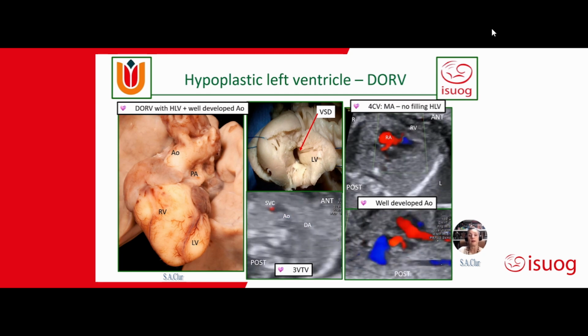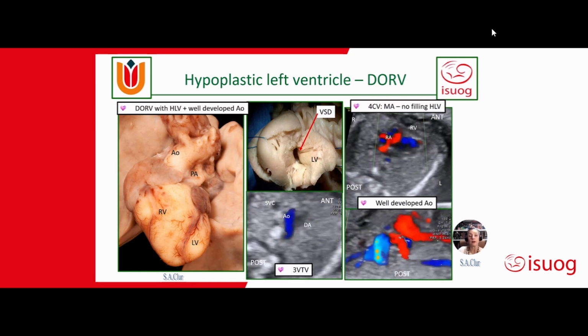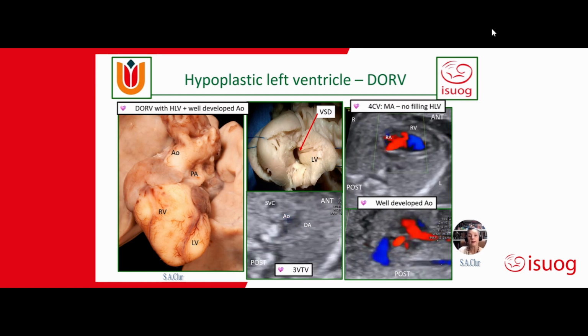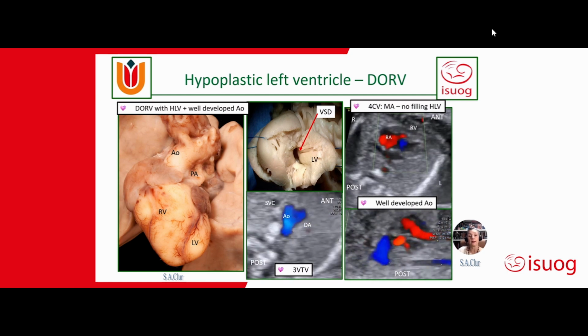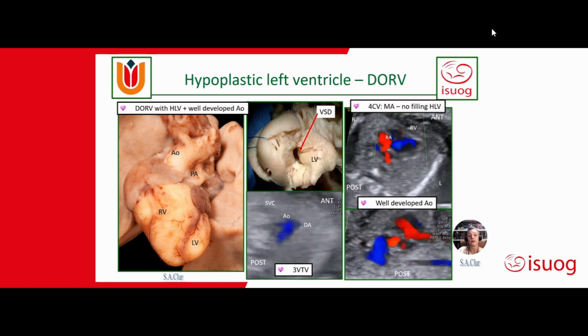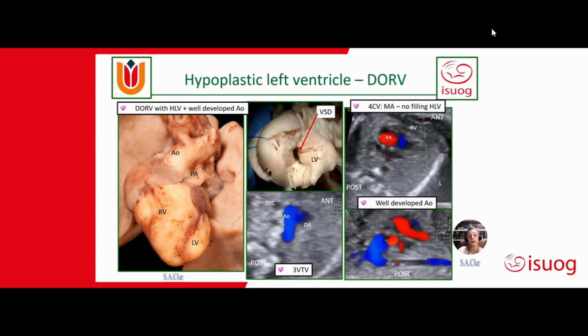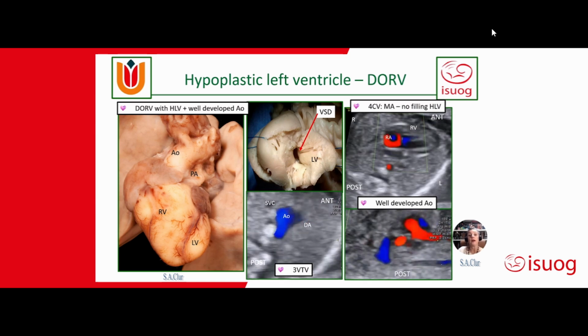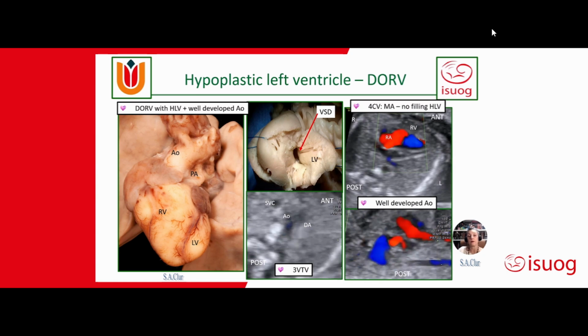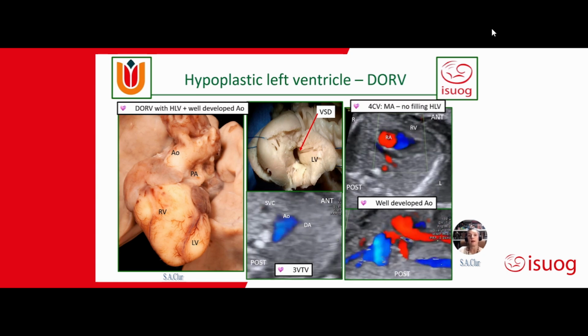This is because there is an associated ventricular septal defect, and this allows the blood that does not enter the left ventricle via the mitral valve to potentially enter it via the ventricular septal defect, or the aorta has a relationship with the right ventricle, as in double outlet right ventricle.